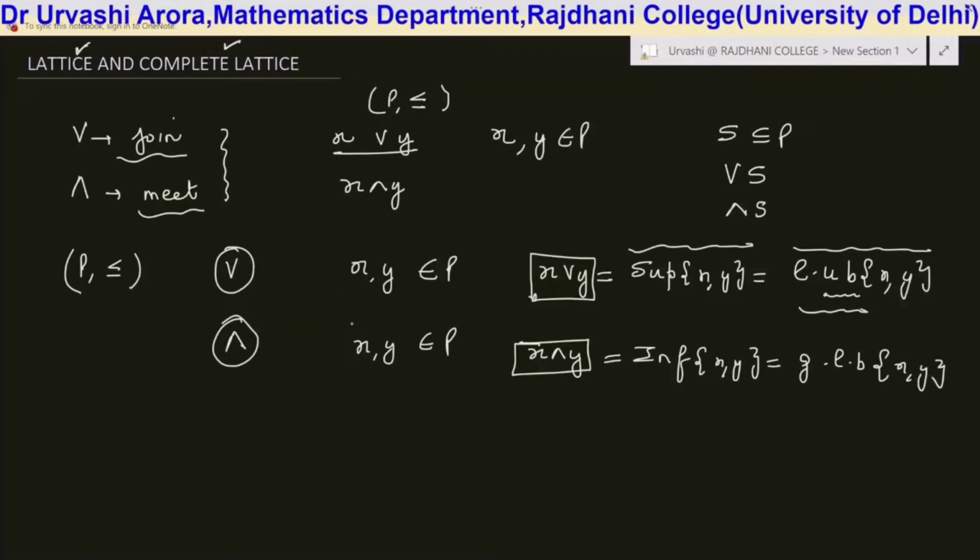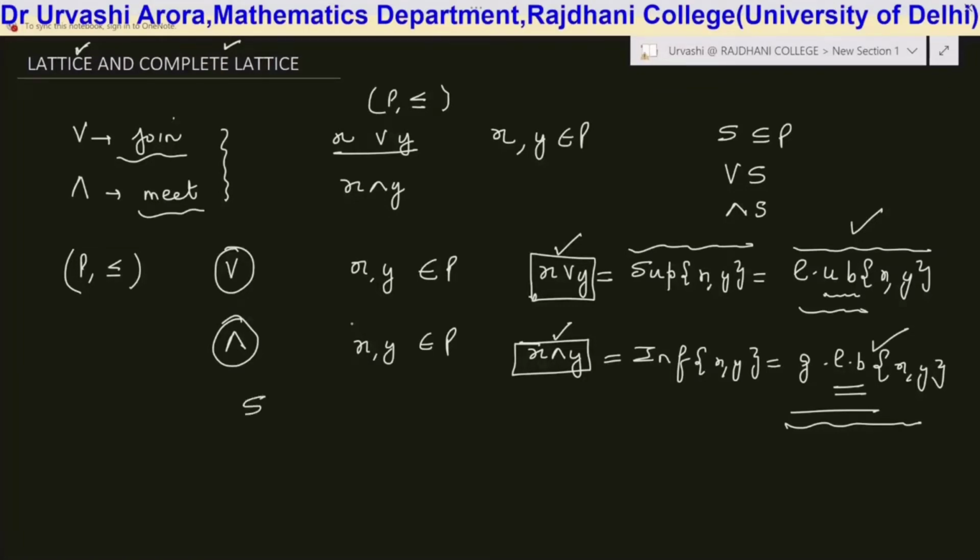The greatest lower bound of X and Y means that lower bound of X and Y which is the greatest. So if these two things exist, the least upper bound and the greatest lower bound of X and Y, then we say that the join of X and Y exists and the meet of X and Y exists. So this was something which was discussed earlier.